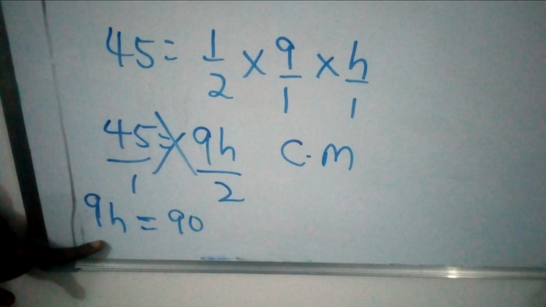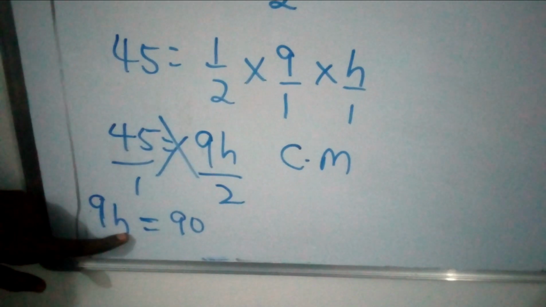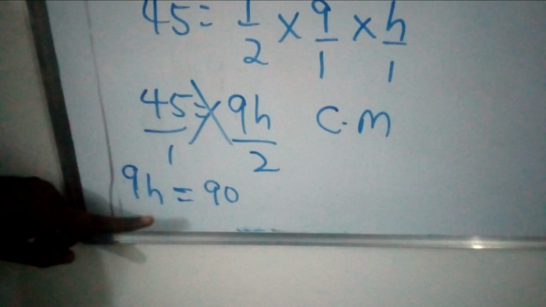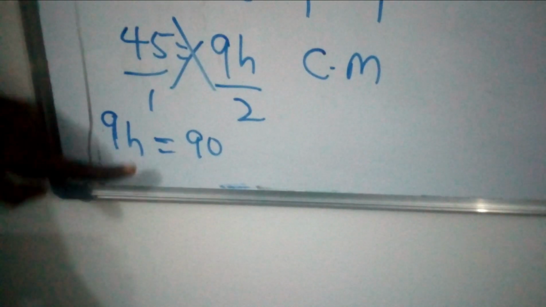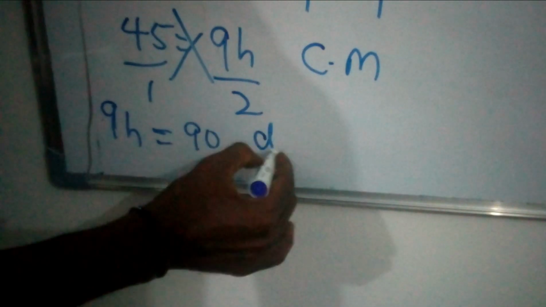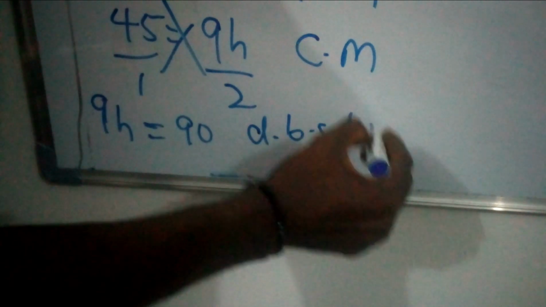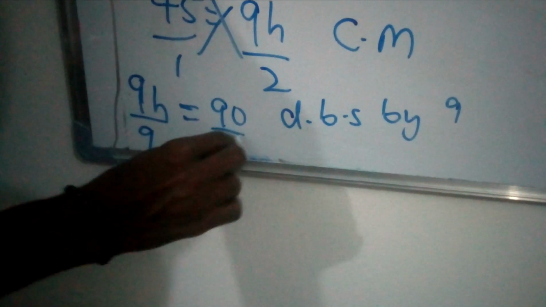So at this point now, we want to find our h, which means we want h to stand alone. And remember what we did the other time and what we always do when we have a situation like this. You divide both sides by 9 because you want the 9 to go away so that the h can stand alone. So you do what they call DBS, that's divide both sides by 9. So what do you have? Over 9 over 9.